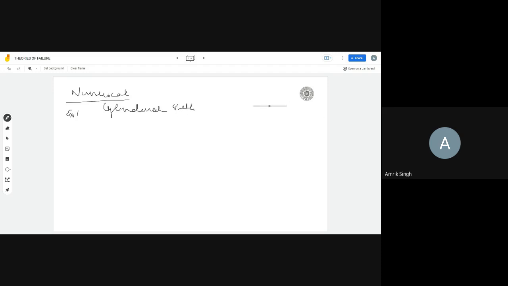So what is a cylindrical shell? The thickness of the shell plate is given as 1.2 millimeter, and dia is 1.2. Sorry, this is the diameter which is given: 1.2 meter.